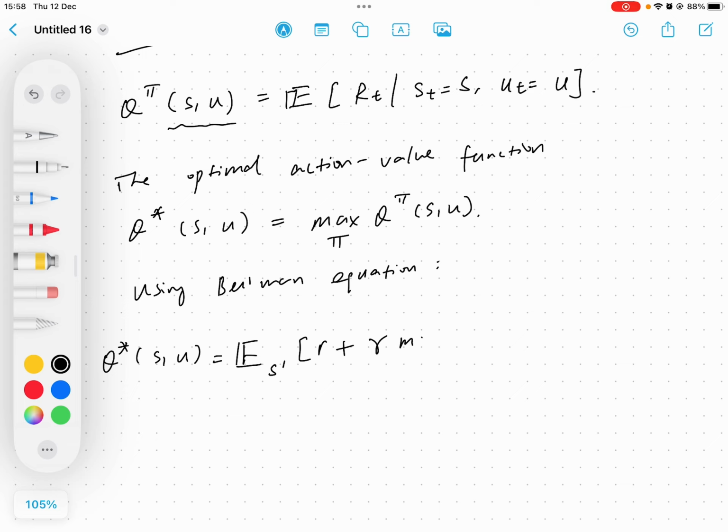So this will be the max over choosing the next optimal action u prime to maximize the future rewards from the next period onward, with Q star given s prime and u prime for the next period, and everything given the current s and u. Good. So this is the direct result from the Bellman equation to rewrite the optimal action value function Q star.